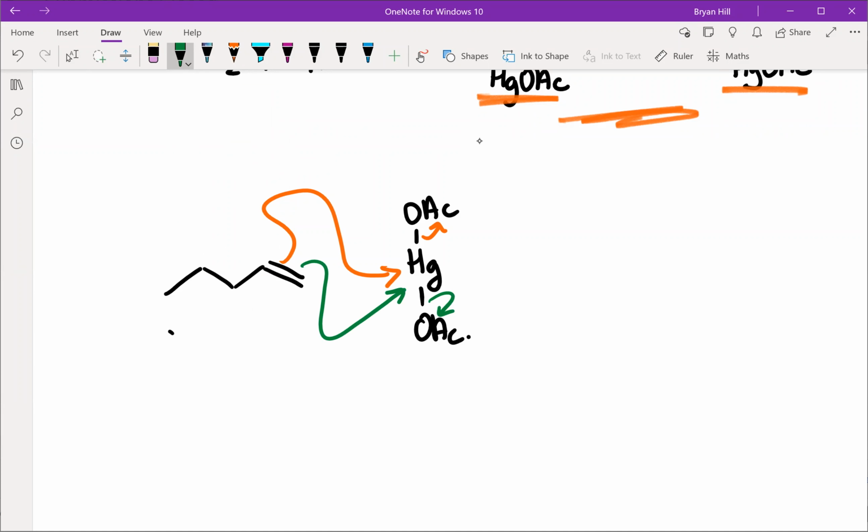Which arrow would be the first arrow that I want to draw? The orange arrow or the green arrow?